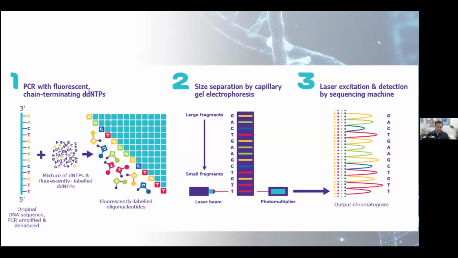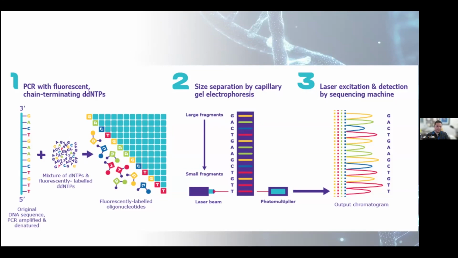And because we're looking for a very specific region of interest, and we have a much higher concentration of dNTPs relative to ddNTPs, what we get is amplification of basically one step at a time, all the way up to the complete sequence.